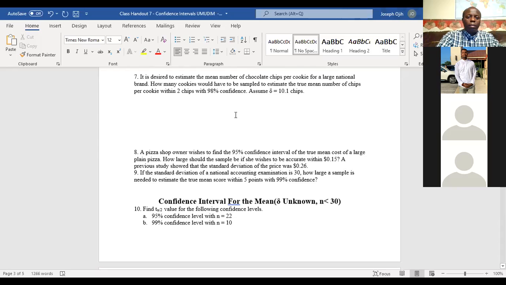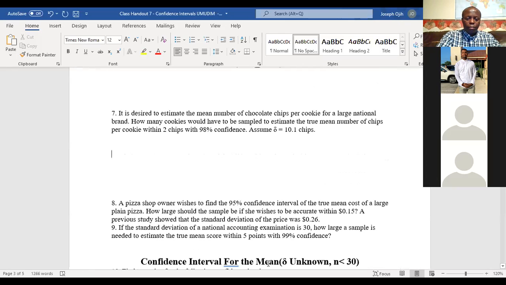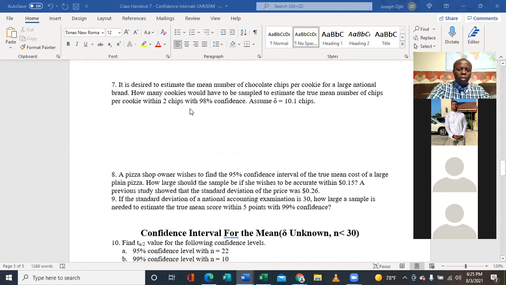It says here, solution. It is desired to estimate the mean number of chocolate chips per cookie in a large national brand.